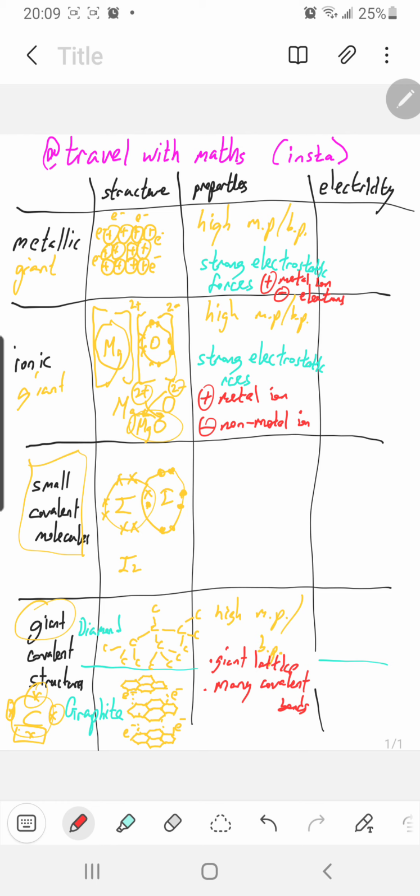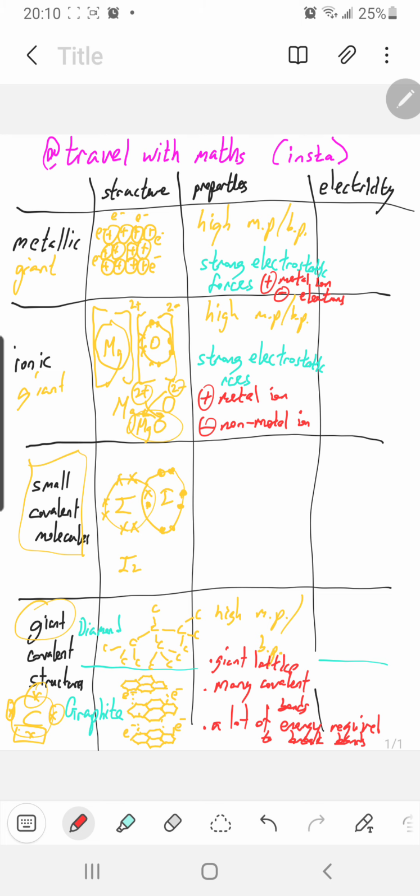One covalent bond is already very, very strong, and if you have many covalent bonds, a lot of energy is required to break those bonds. Giant lattice, many covalent bonds, a lot of energy is required to break those bonds.